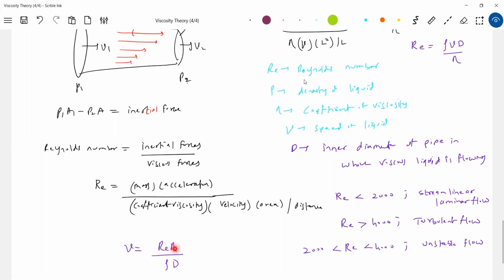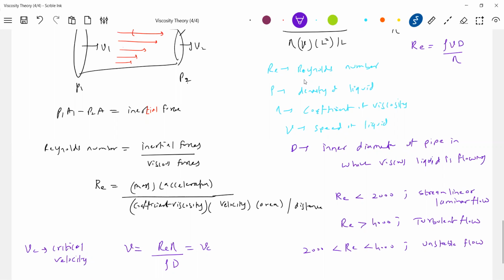Then the coefficient of viscosity, the inner diameter of the pipe, and the density of the liquid are known. With this, if I solve, I'll get a velocity called the critical velocity, VC. I will calculate it like this.